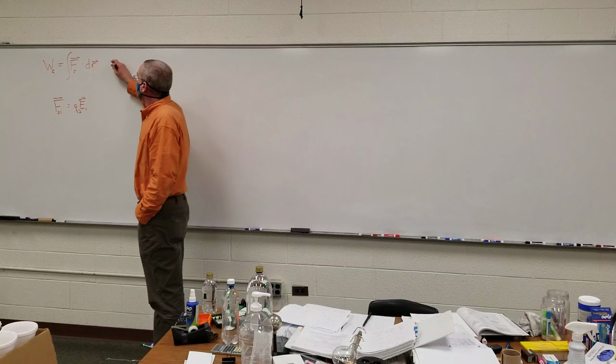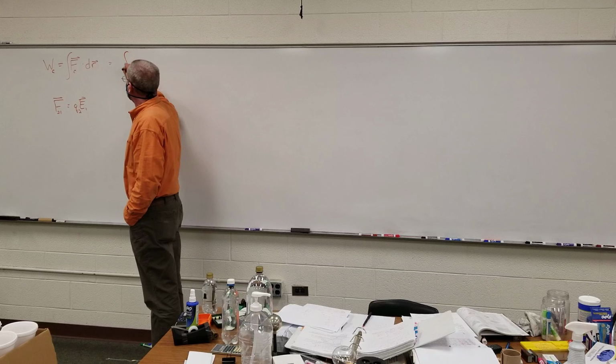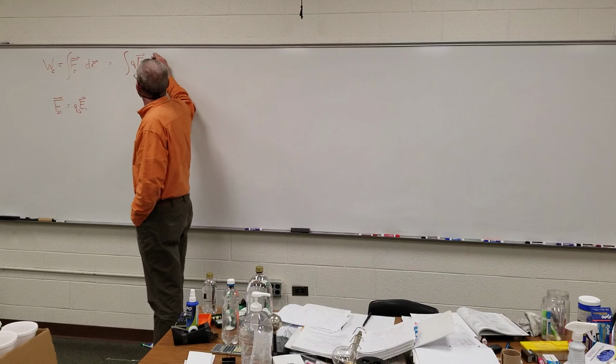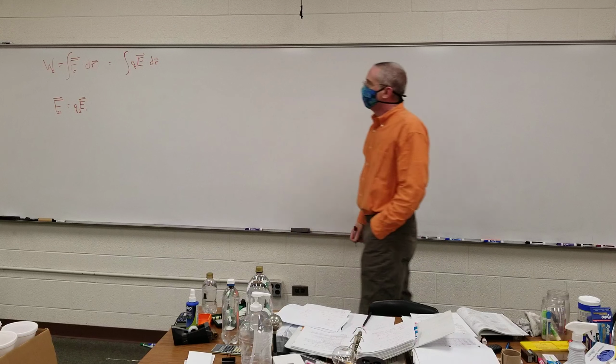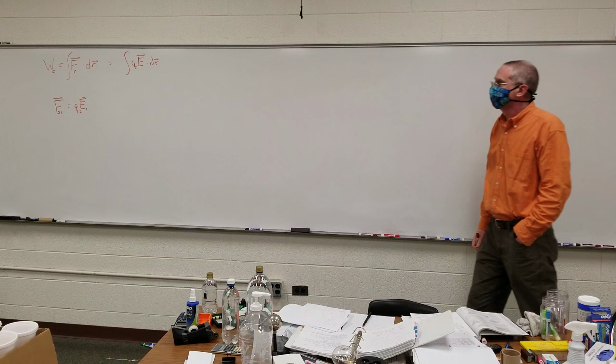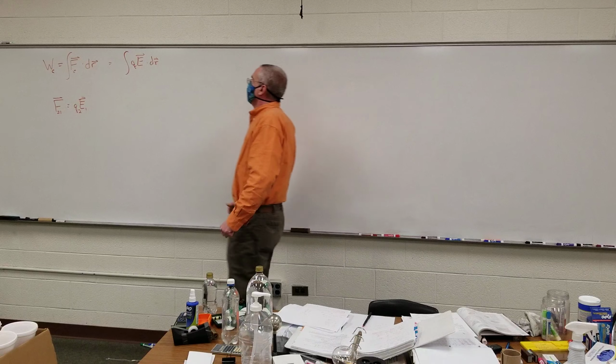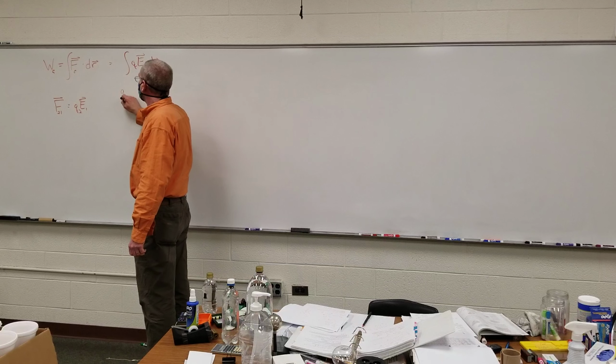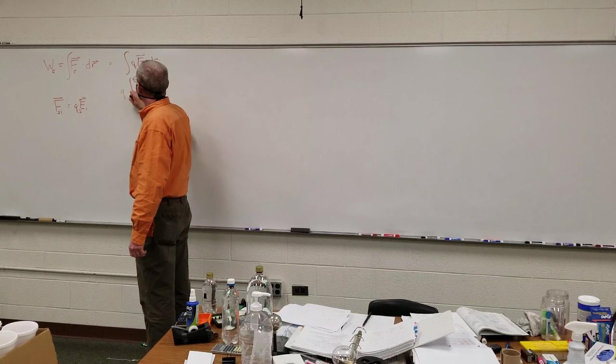Bringing this into my work equation up there, this is the integral of Q E dot dr. I can bring Q out because it's a constant for a particular problem.